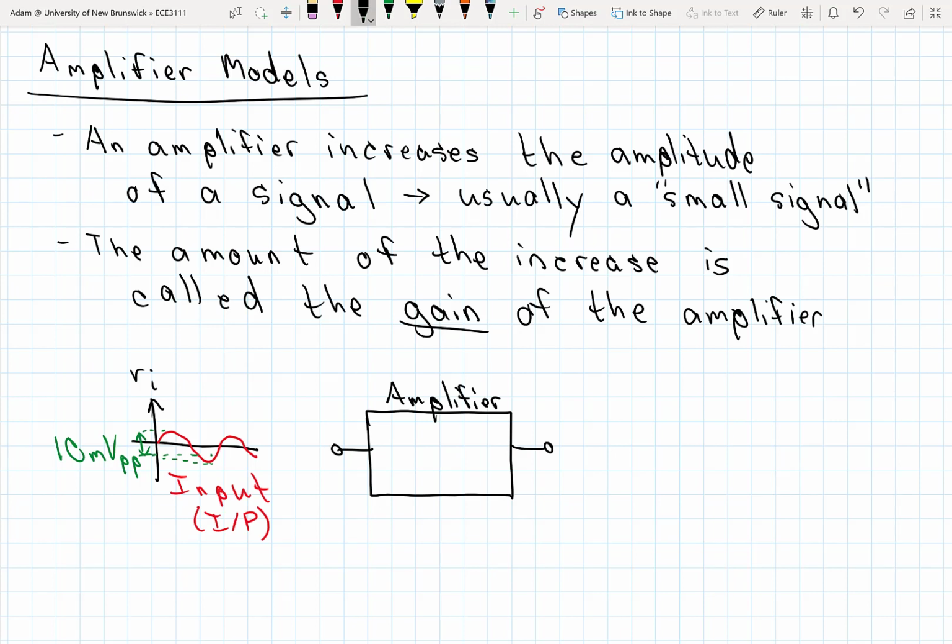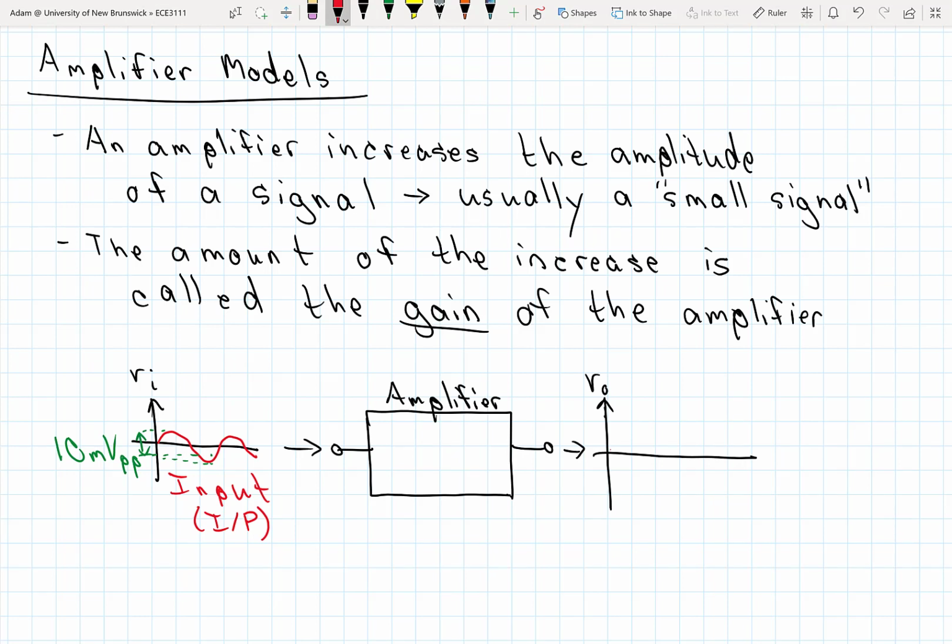Okay, and if we have a look at the voltage that appears at the output after going through this amplifier. So this signal is being applied here. We're getting this signal out. We'll call this signal V out.